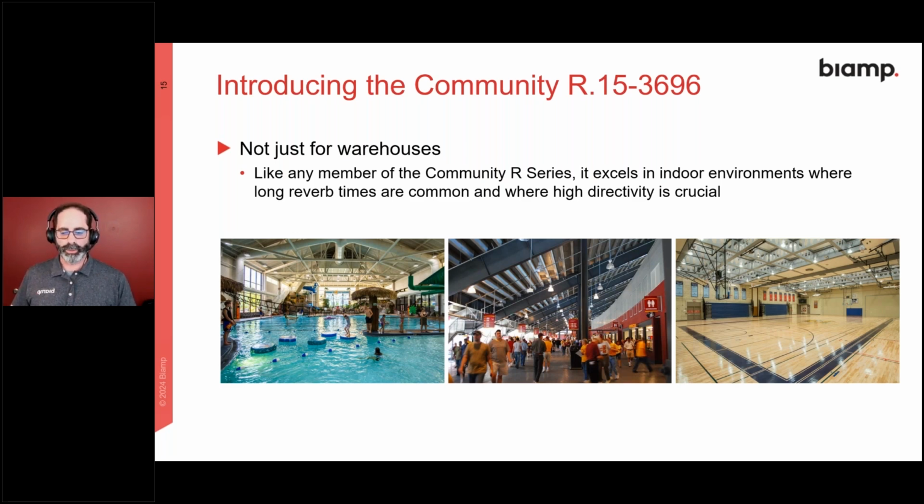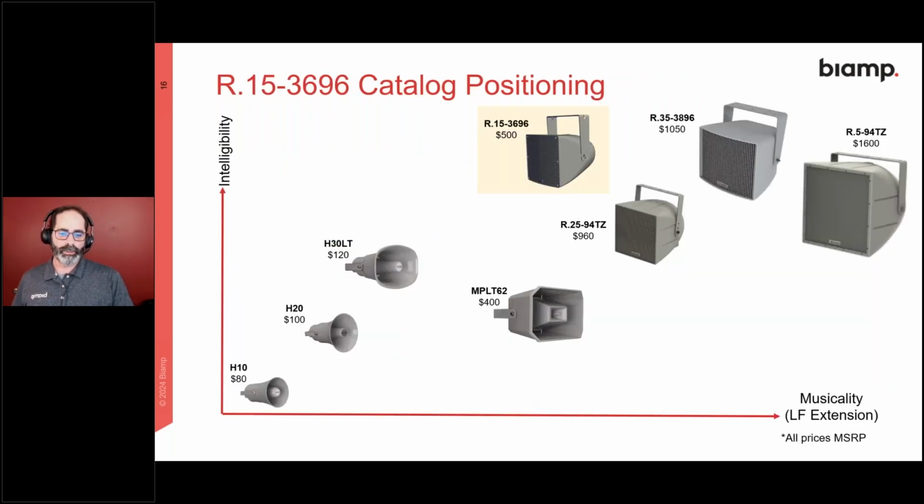It's particularly designed to do really well in that regard, but it belongs in all the other places that you are already comfortable using R series, whether that's sports environments, outdoors, these sorts of places. In our catalog, it lands right in the middle of this range as a bridge between the basic paging horns to higher performance products. And it lets you operate at a price range. It's a nice crossover, not far from the price of the two-way paging horn. So it fits in the lineup really well in that regard.